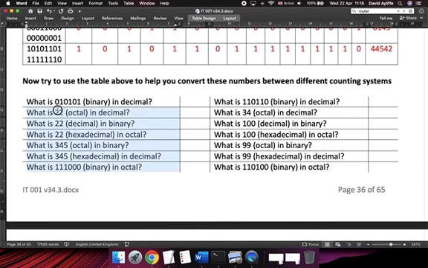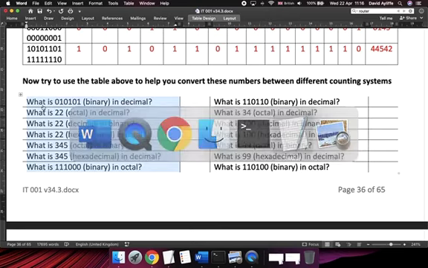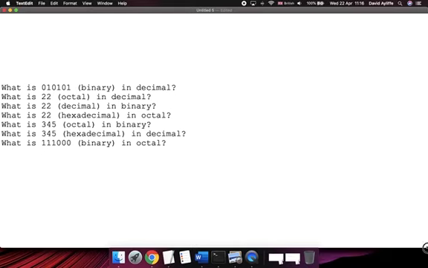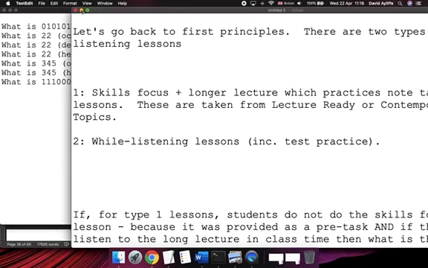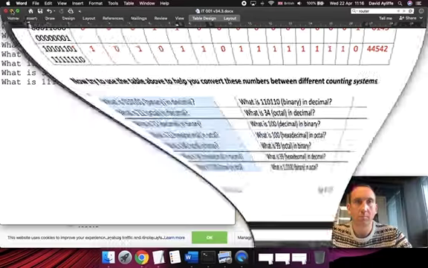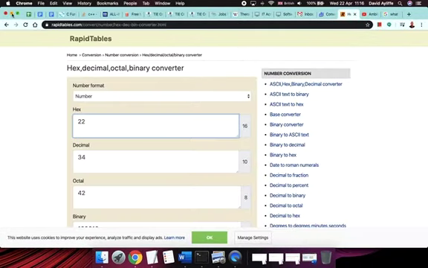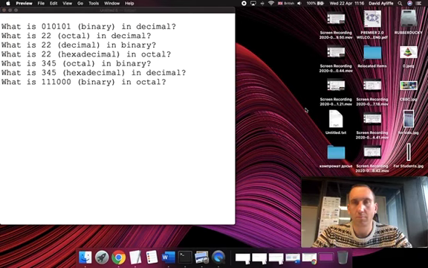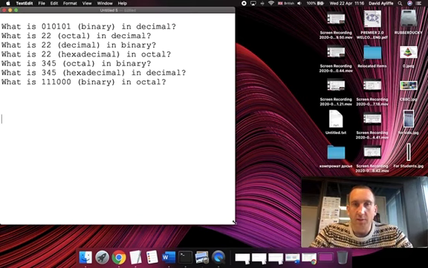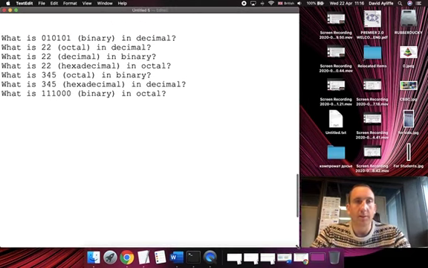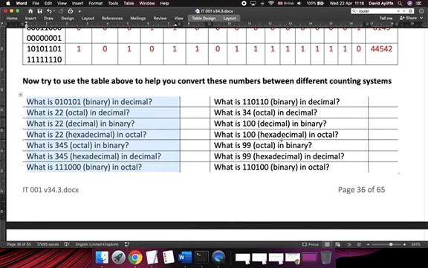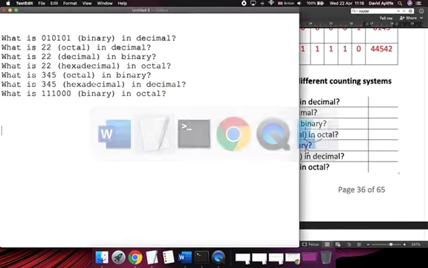Okay, now this is not very straightforward at all. So let's work through these together. We'll work through this half together, and this half you will attempt to do by yourself.